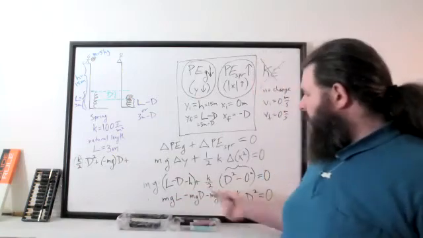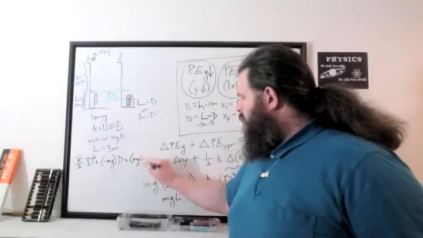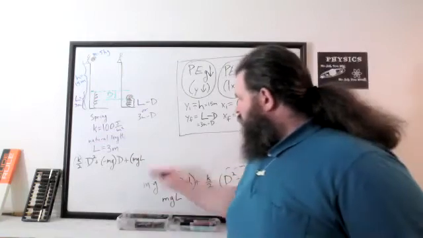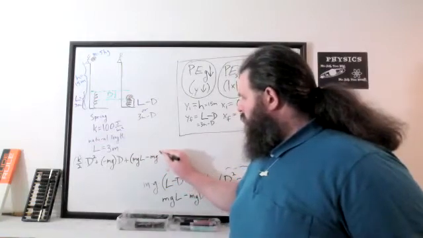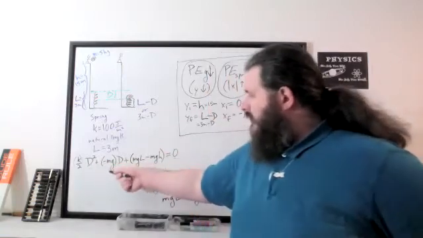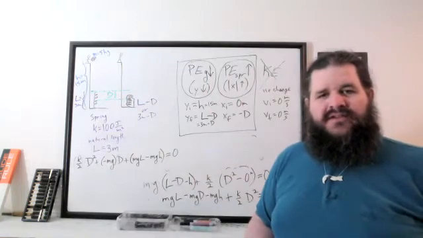So just mgL minus mgH. Equals 0. A constant times d squared plus a constant times d plus a constant equals 0. What type of equation is this?